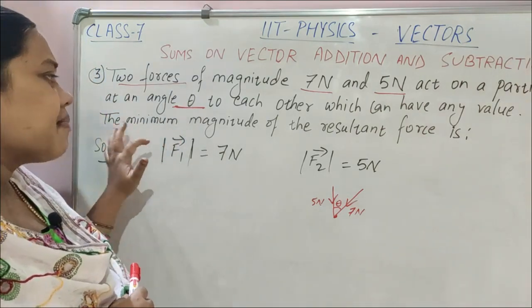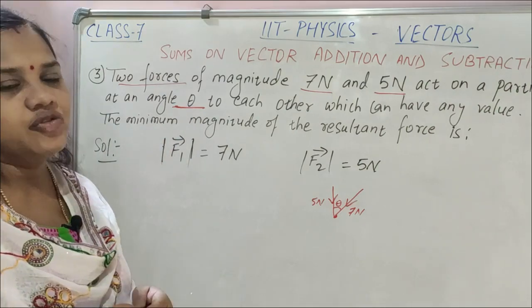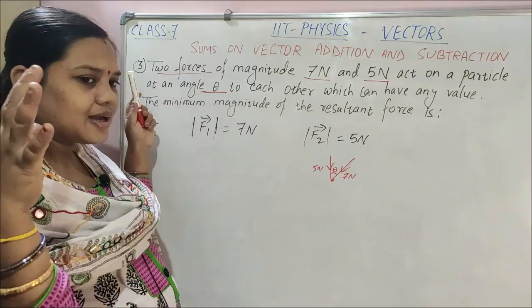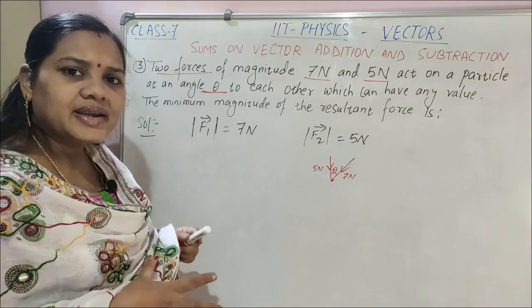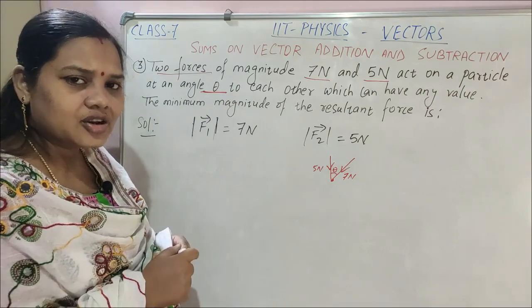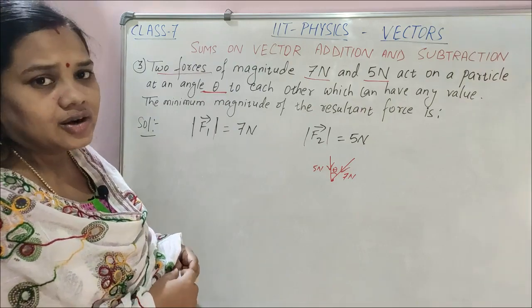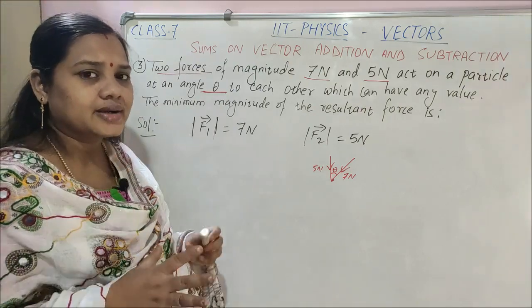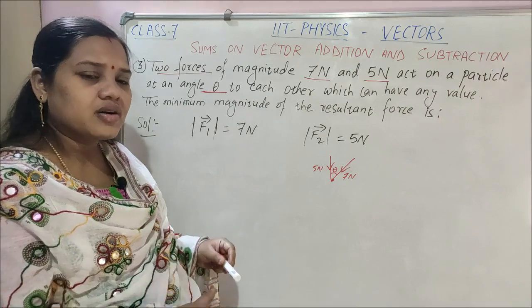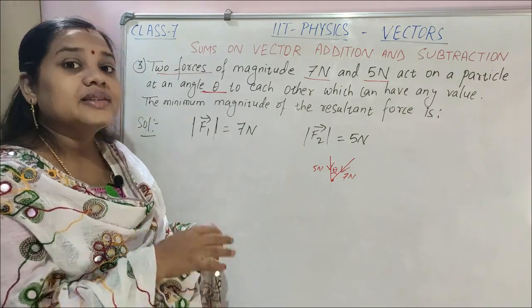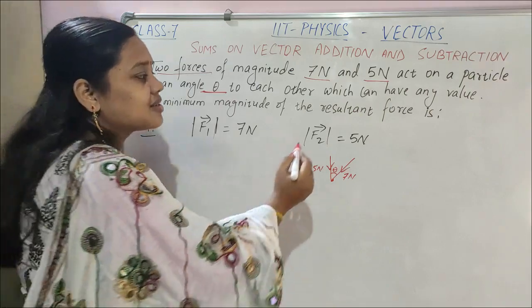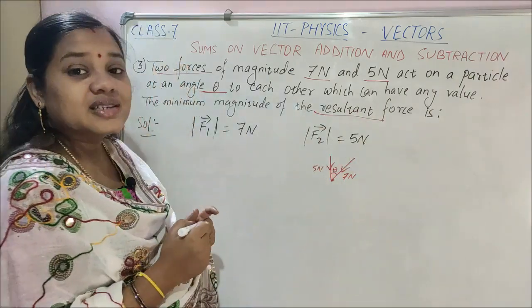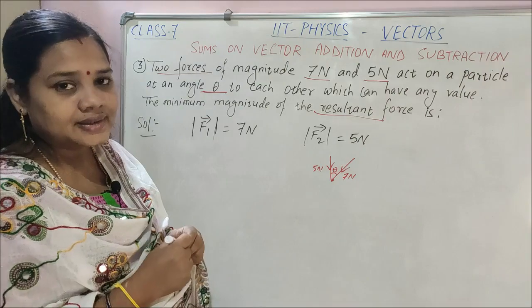The minimum magnitude of the resultant force. Now see, both the forces are acting on a particle, then they combine and form a single vector. We read already, when two or more vectors are acting on the same particle, they combine and form a single vector. That single vector is called the resultant vector.